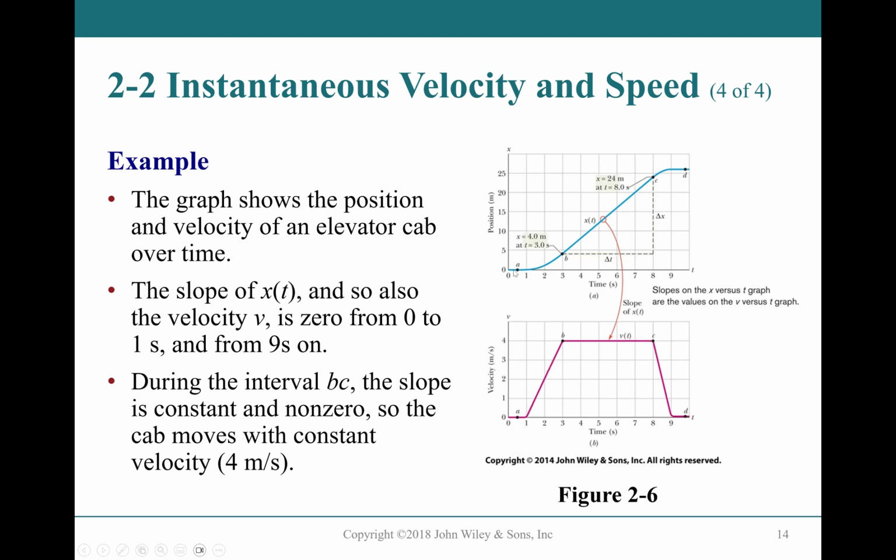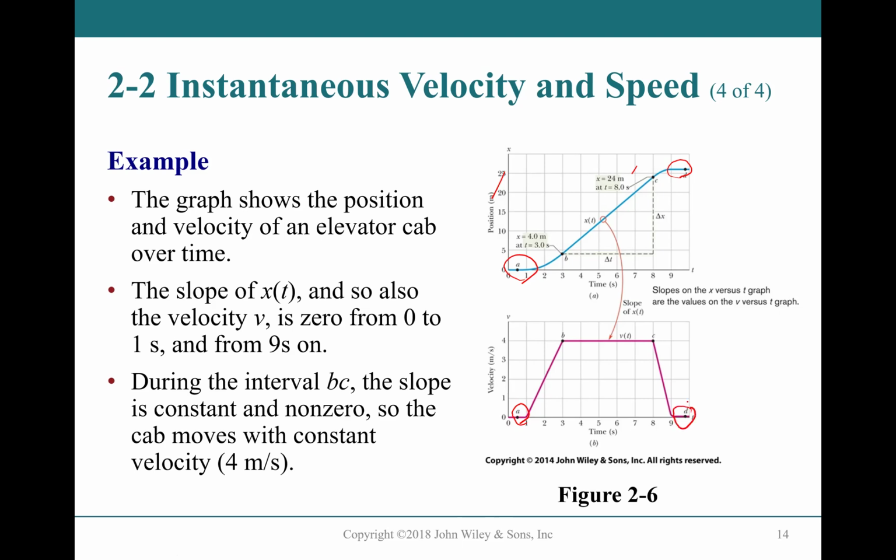You are just going to take a derivative here and then a derivative here. If you get a horizontal line here, that means your velocity is 0. This is the same as segment A and segment D here.